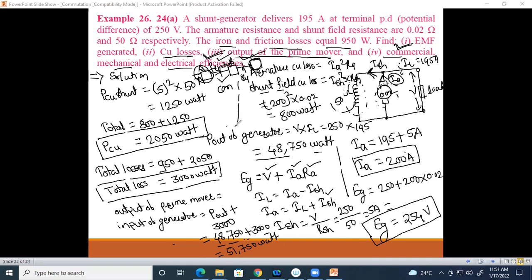Output divided by output plus losses, right? According to these stages, it is C divided by A. It is nothing but commercial efficiency.